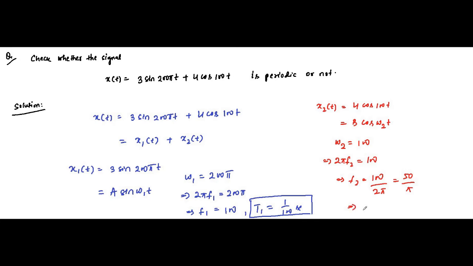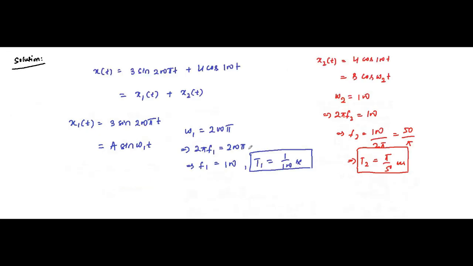That implies T2 is equal to pi by 50. So this is the time period of the second signal.